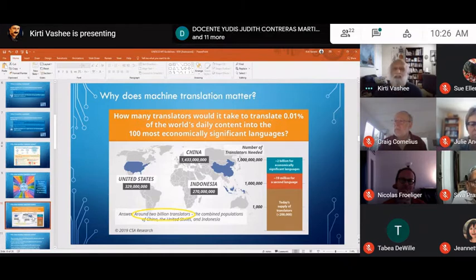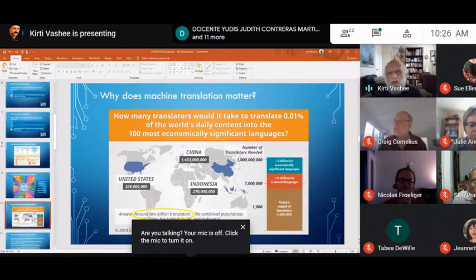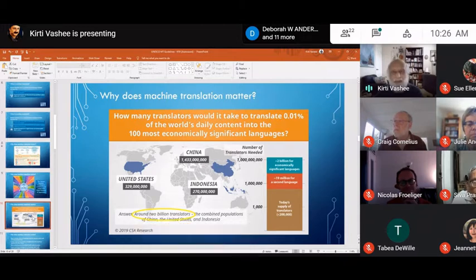And they just basically said that if you were to only translate 0.01% of the world's daily content into the 100 most economically significant languages, so just ranking the countries by GNP and then seeing what languages you would need to translate into, you'd need around 2 billion translators. And that's just for 1 day's worth of content. And if you were to go beyond that, the number of translators needed would be even greater.